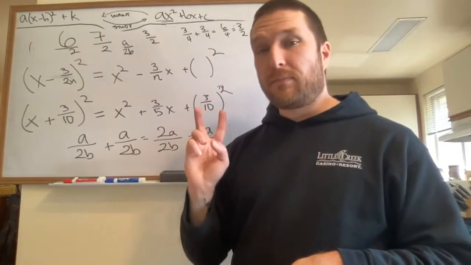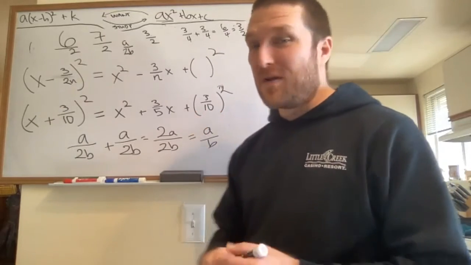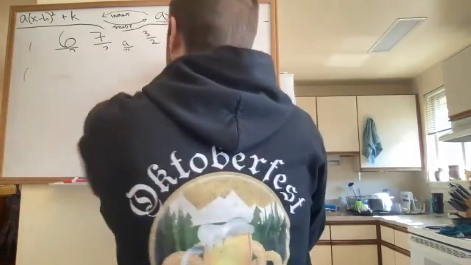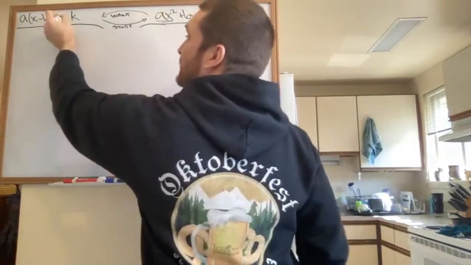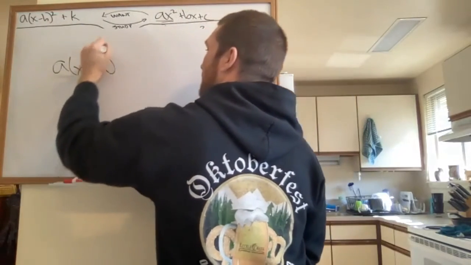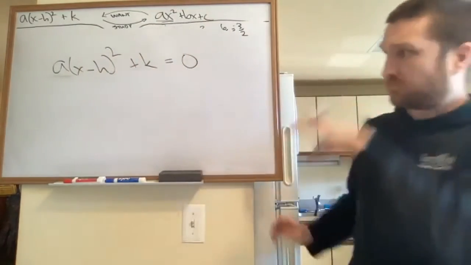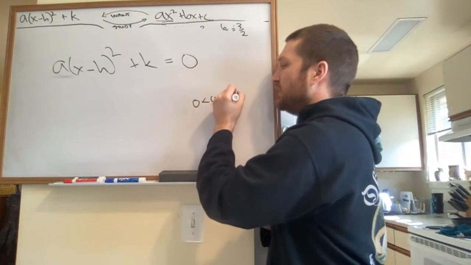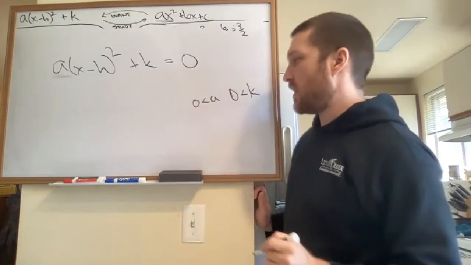Problem 2 is the first type of thing we did with solving equations of this form, where you have a(x minus h) squared plus k equals 0. For the last 2, I tell you that a is bigger than 0 and k is bigger than 0.